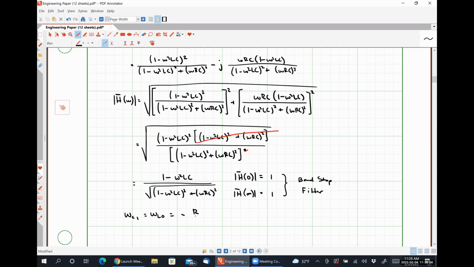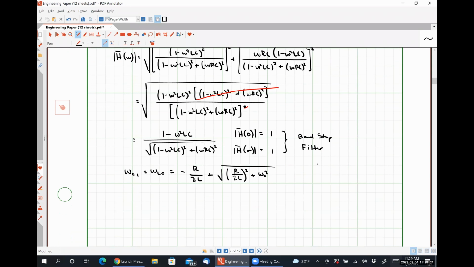So that's negative R over 2L plus the square root of R over 2L quantity squared plus omega naught squared, and omega C2 is omega high, or positive R over 2L plus the square root of R over 2L quantity squared plus omega naught squared. So our band pass and our band stop filters have the exact same corner frequencies and center frequency.